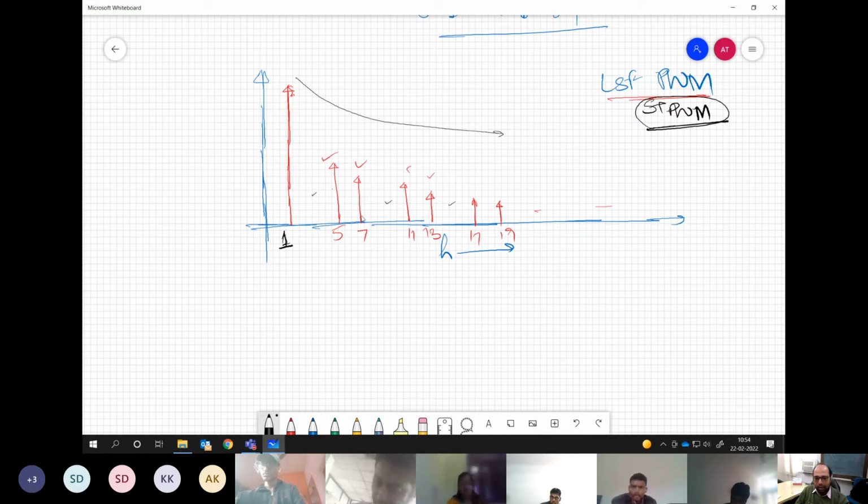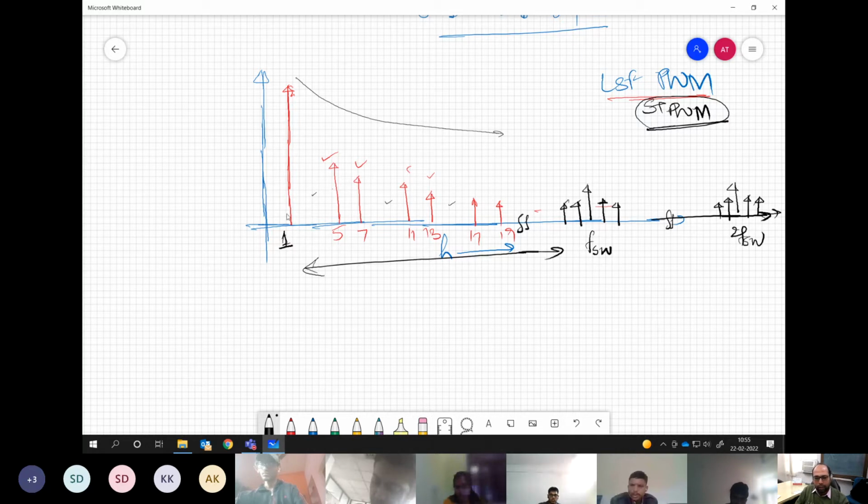There will be a fundamental, and then after a large gap, you will see some harmonics appearing, generally around the switching frequency. Then you will have a repetition of another set of frequencies around 2FSW and so on. It may keep going.